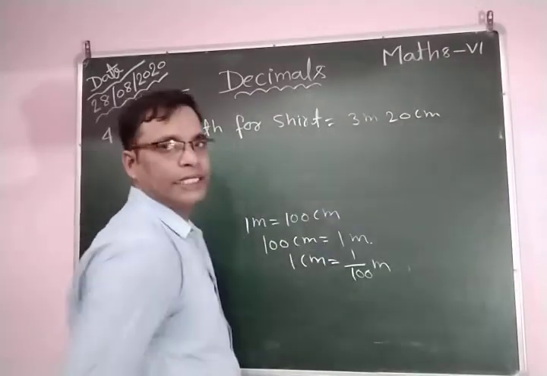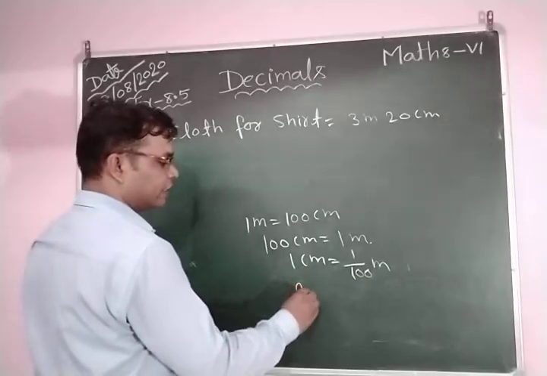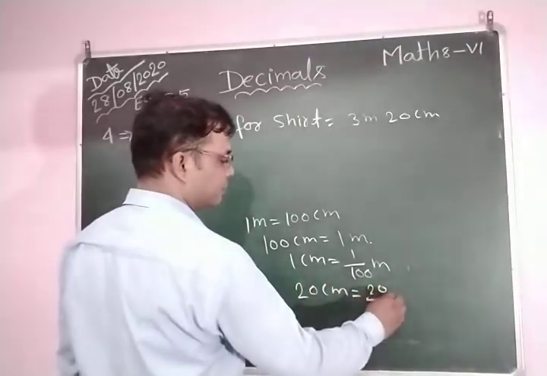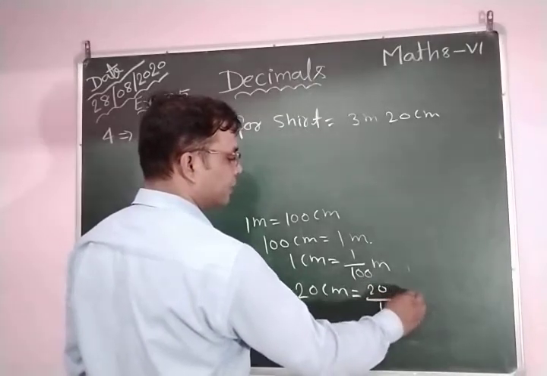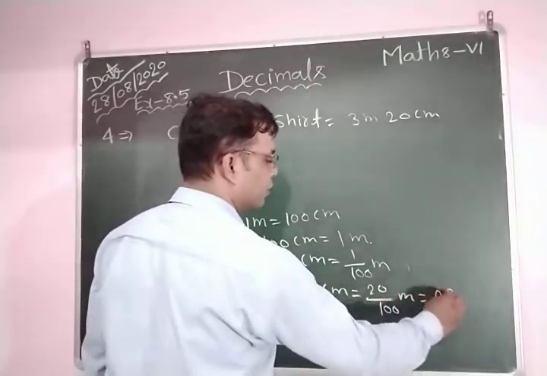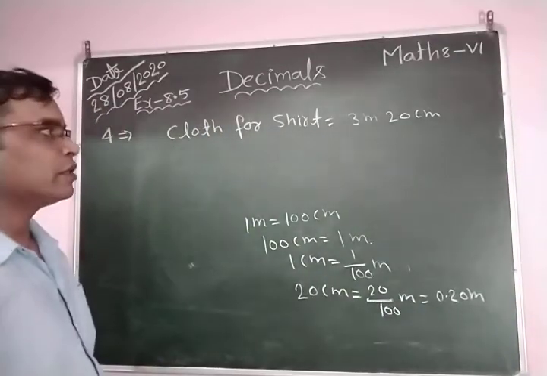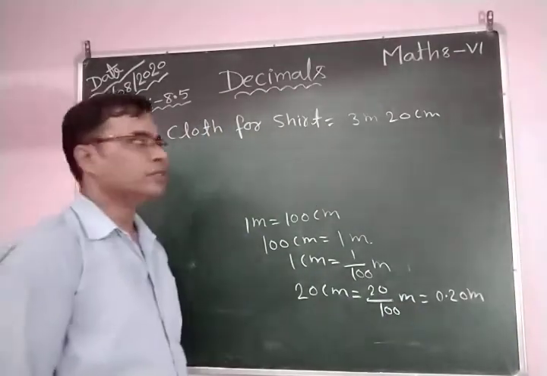Here given 20 centimeter, so 20 centimeter is equal to 20 by 100 meter, this is equal to 0.20 meters.